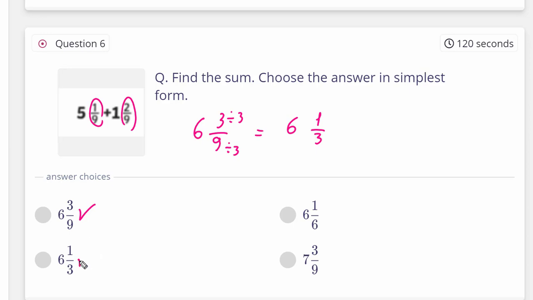So this one is correct too, but the question asks us to find it in the simplest form. So this one is not correct. This one is the correct choice, because this is the simplest form.